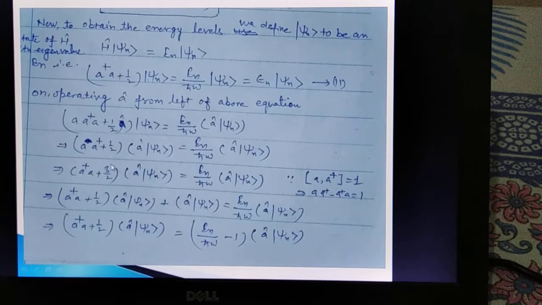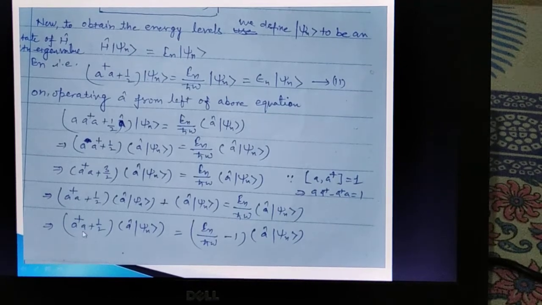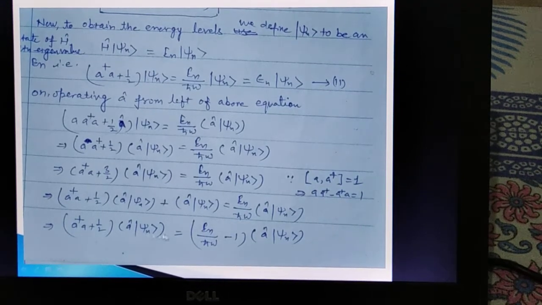Again, if you write this as (A dagger A plus 1 by 2) A psi n plus A psi n equal to En over h cross omega into A psi n, on transferring this term to this side, then you can write (A dagger A plus half) A psi n equal to (En over h cross omega minus 1) A psi n.